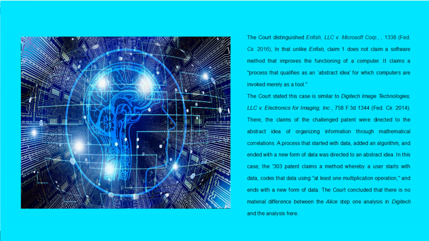In this case, the 303 patent claims a method whereby a user starts with data, codes that data using at least one multiplication operation, and ends with a new form of data. The court concluded that there is no material difference between the Alice Step 1 analysis in Digitech and the analysis here.